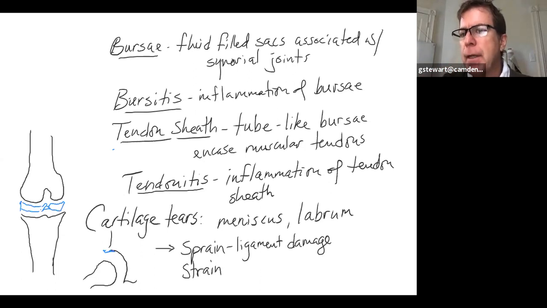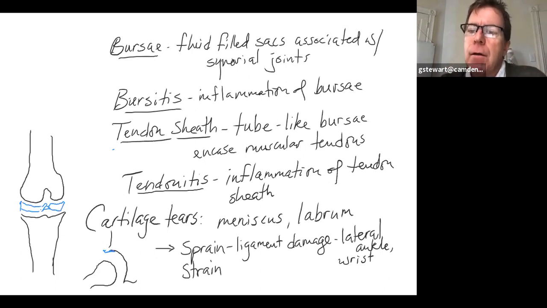The most common places that we get sprains are the lateral ankle and the wrist. Those are the two most common areas in the human body. And they're slow to heal. There's tons of inflammation involved with this. They're slow to heal because that dense fibrous connective tissue is not super vascularized.